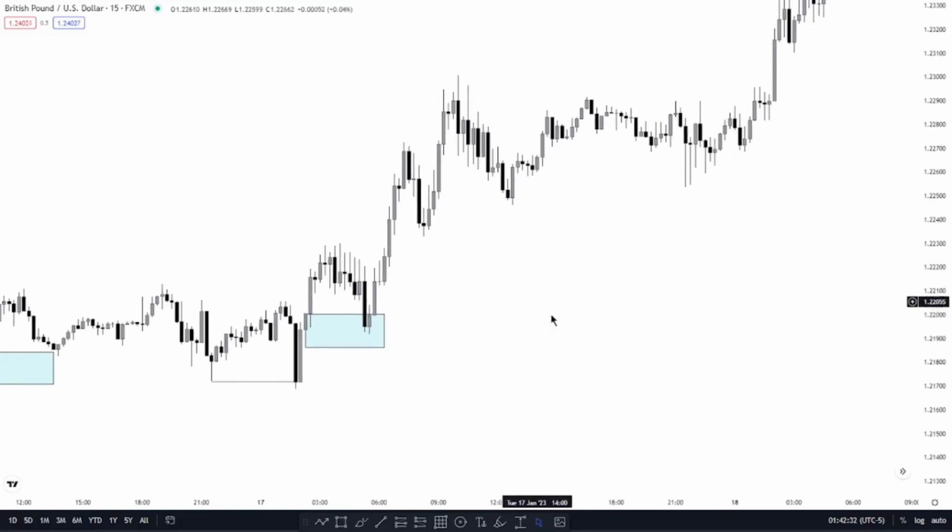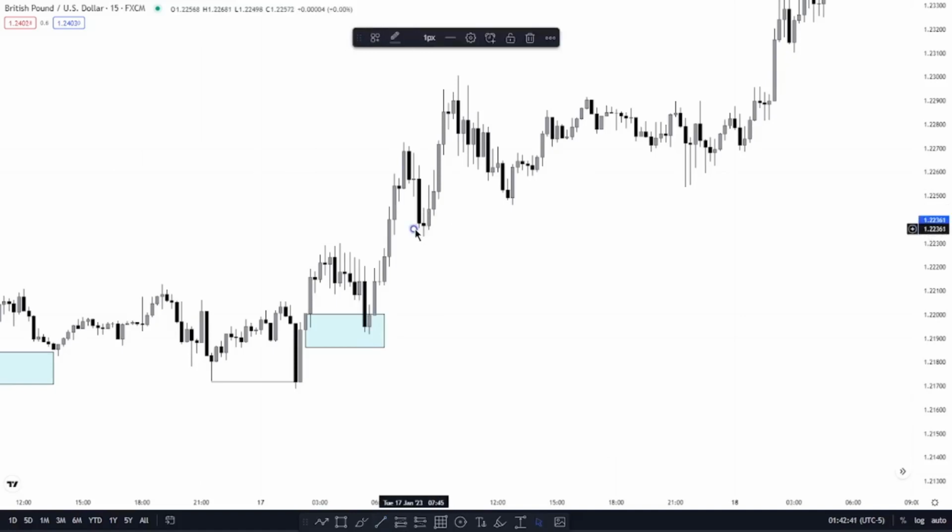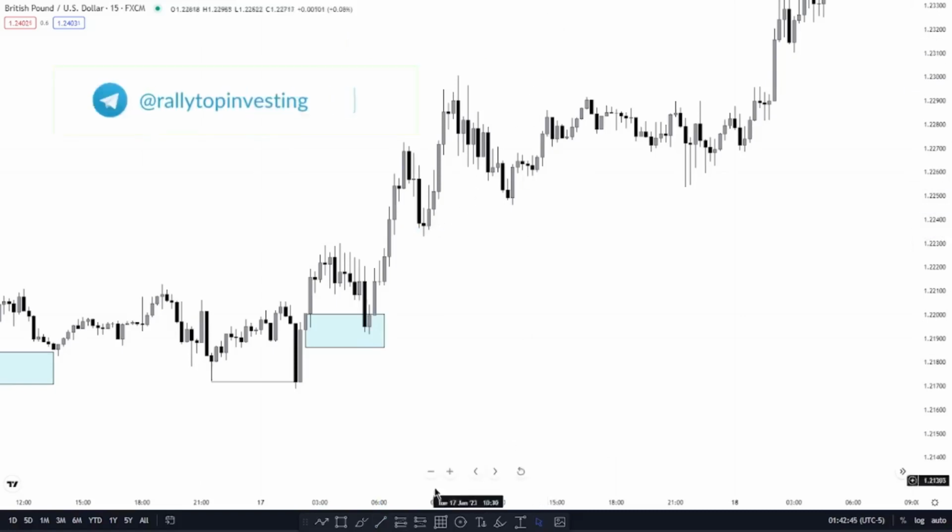The same thing happens here. Take a look. Anytime you find a sweep of liquidity, that candle that takes liquidity, like I mentioned in the 4 characteristics of a valid OB. Can you see that? So this candle that has swept this liquidity is a strong OB.